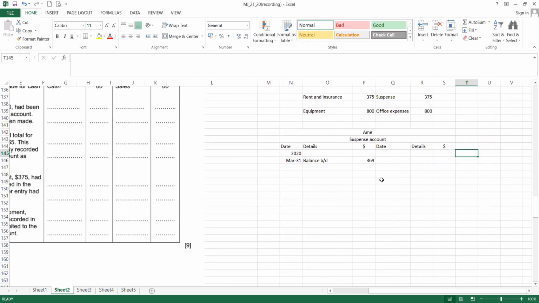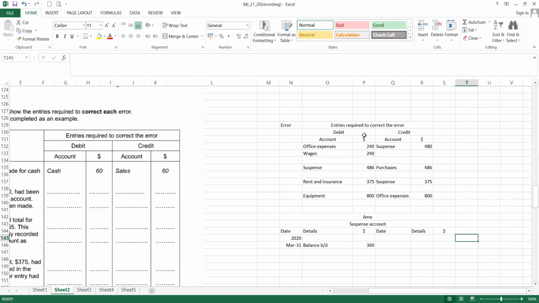Okay, the next thing, debit and credit, because we already did this account. If you saw the suspense, you put it in. This one is on the credit side, so you put into the credit side. The date is the last date.